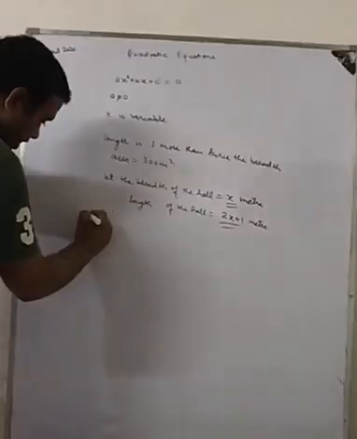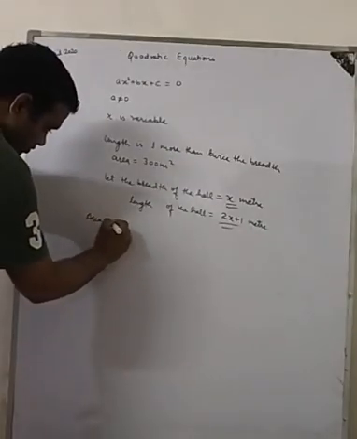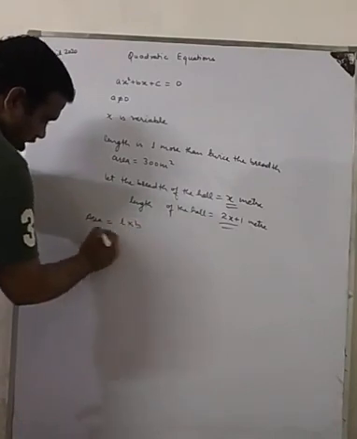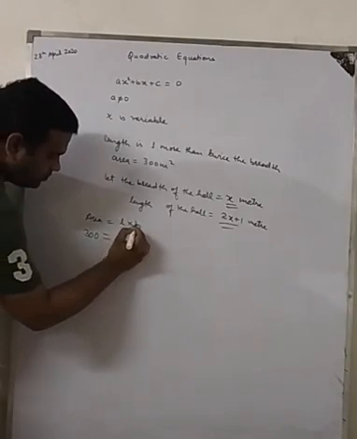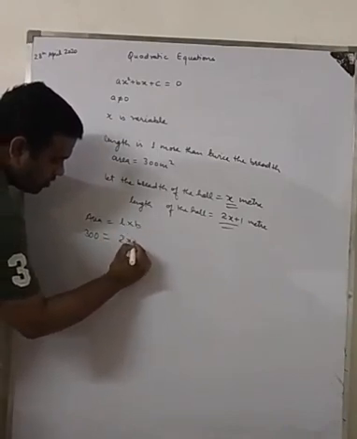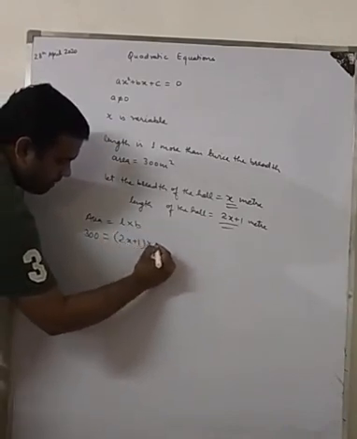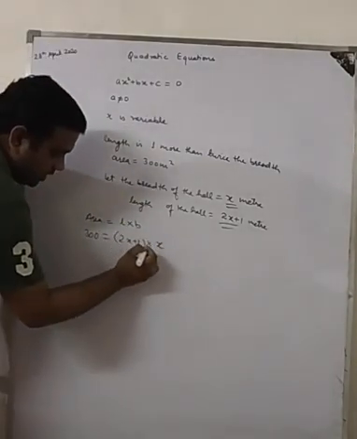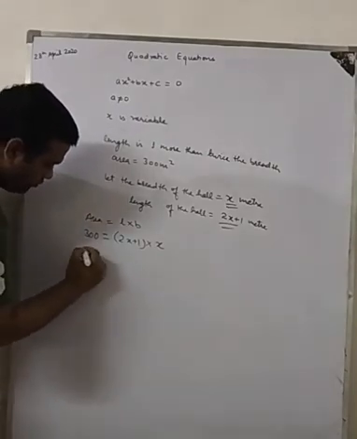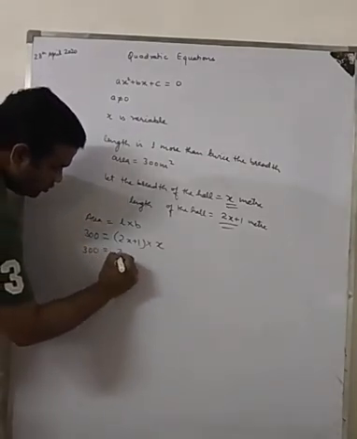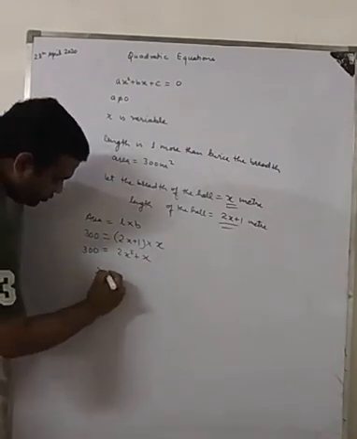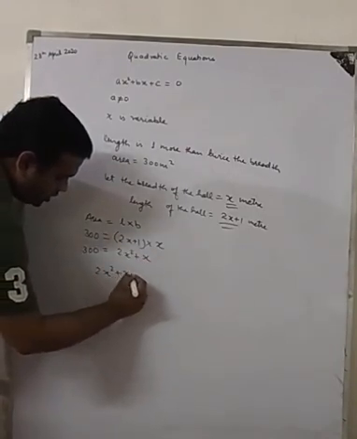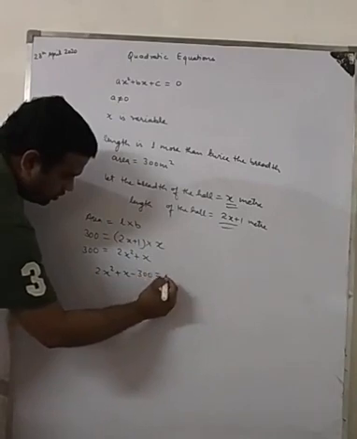So area of rectangle, and this area is given. This is multiplication, this is x. So 300 is equal to 2x square plus x. We put this side, so 2x square plus x minus 300 is equal to 0.